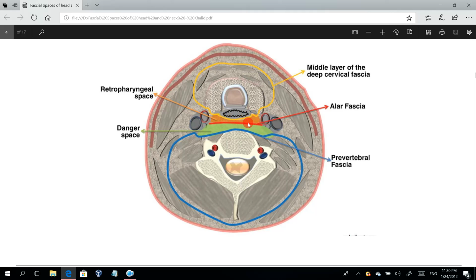Here we have the prevertebral fascia, which is divided into two types, the alar fascia and the prevertebral fascia that encloses the vertebrae and the muscles of the back of the neck and some of the muscles in front of the vertebrae. Between this prevertebral fascia and the alar fascia is the space called the danger space, and if infection occurs here, it will pass deeply into the posterior mediastinum.